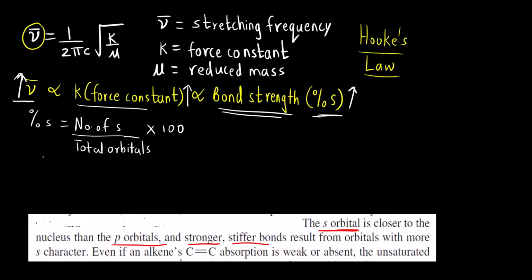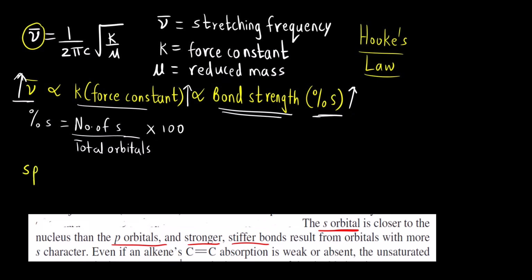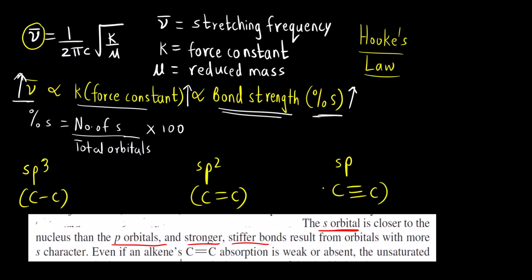Now how do you calculate percentage s character, that we have to see. So we have, let's say, three hybridizations. The most common ones are sp3, that is for carbon carbon single bond. Then there is sp2, we know this is for carbon carbon double bond. And then there is sp, that is for carbon carbon triple bond, alkynes.